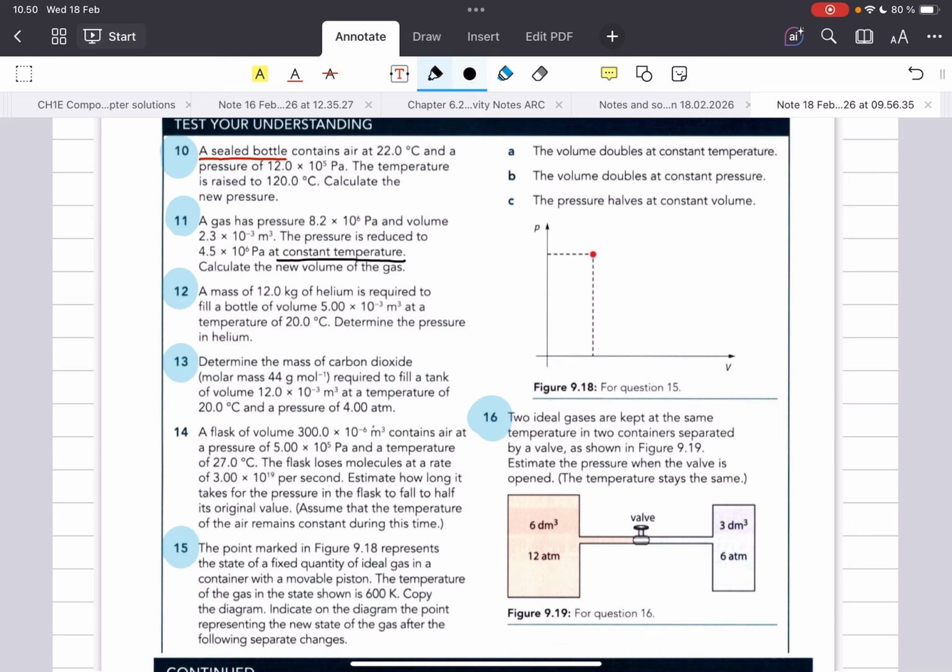The temperature of the gas in the state shown is 600 Kelvin. So you have this is P, this is V, and the temperature here is 600 Kelvin for this dot, right? Copy the diagram, sure. Indicate on the diagram the point representing the new state of the gas after the following changes. A. The volume doubles at constant temperature.